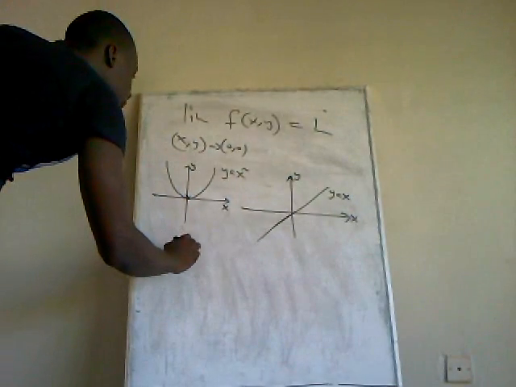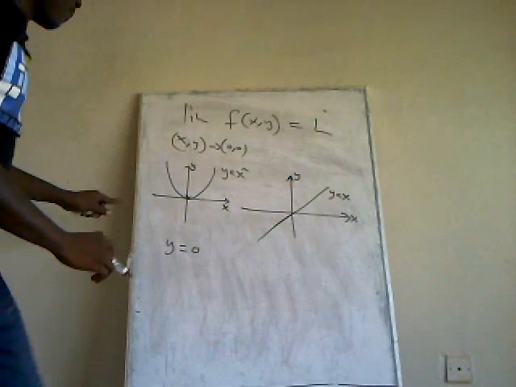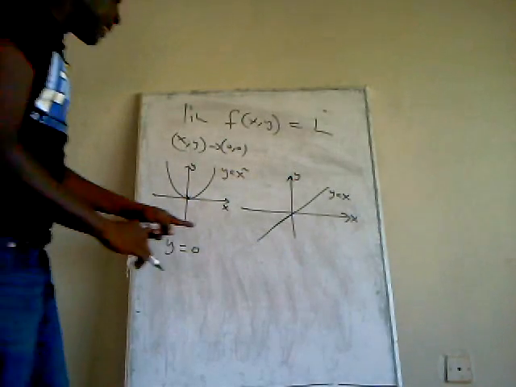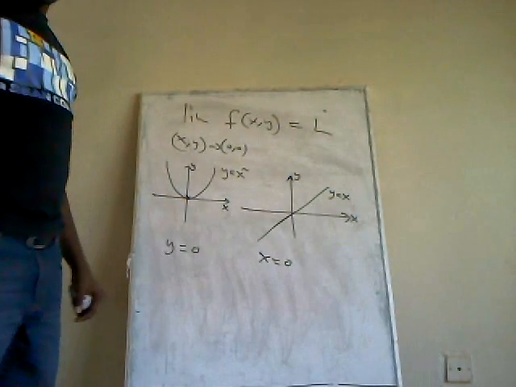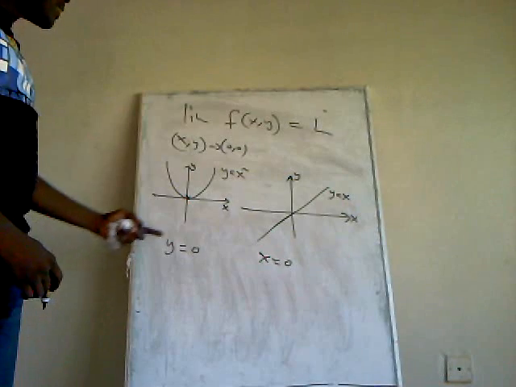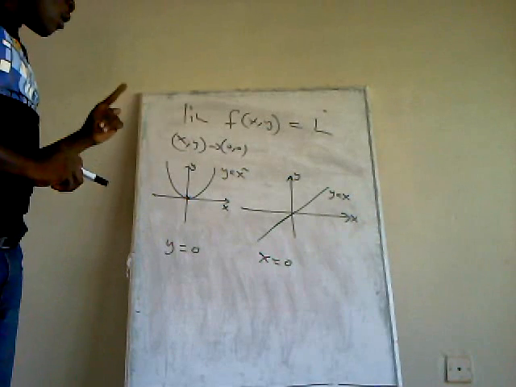The line y equals 0, which is the x-axis, also passes through the point 0, 0. And the line x equals 0 also passes through the point 0, 0. There are lots and lots of lines; even sine x will also pass through the point 0, 0.